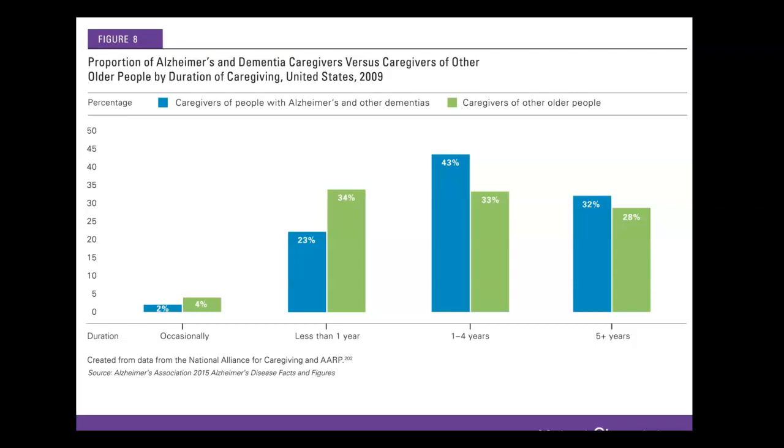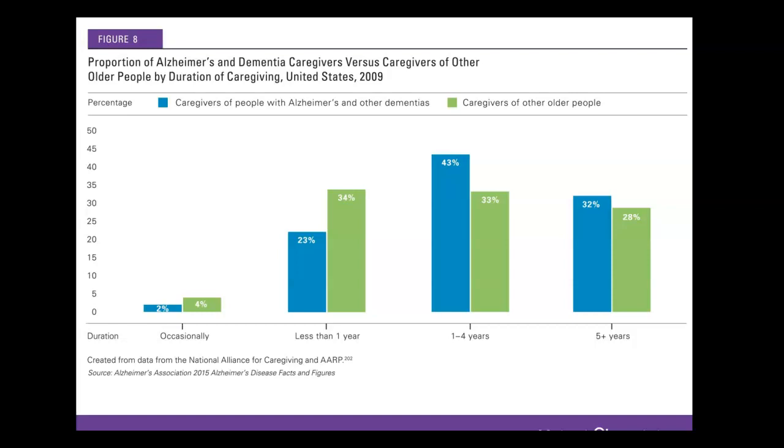This graph shows you the proportion of Alzheimer's and dementia caregivers versus caregivers of other older people by duration of caregiving, with the bar in blue being caregivers of people with Alzheimer's and other dementias, and the green bar showing you caregivers of other older people.